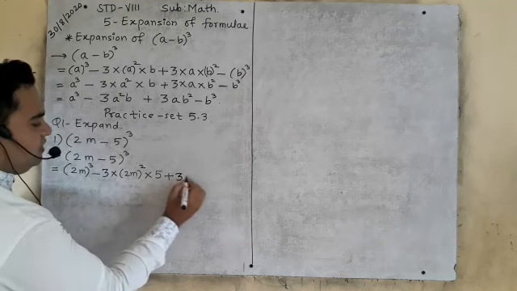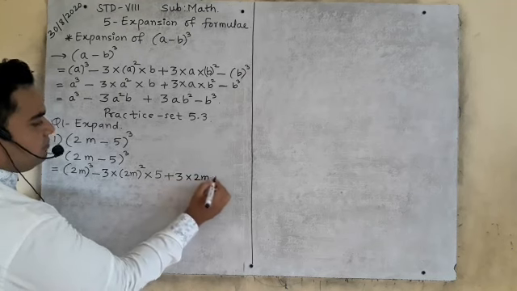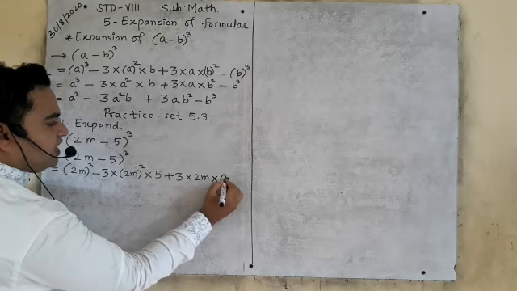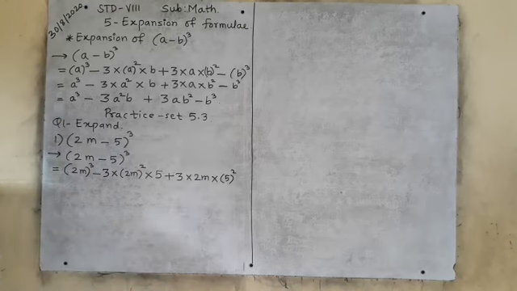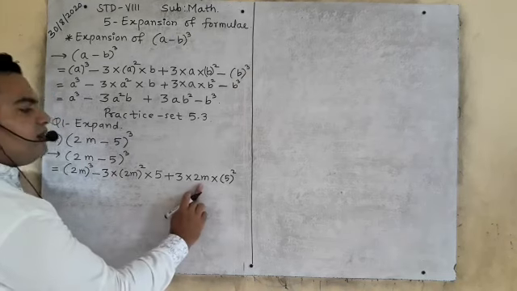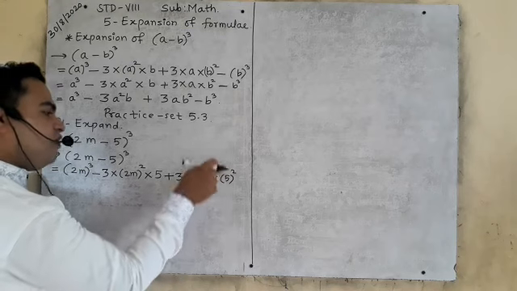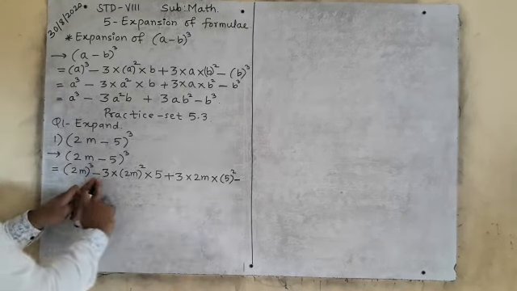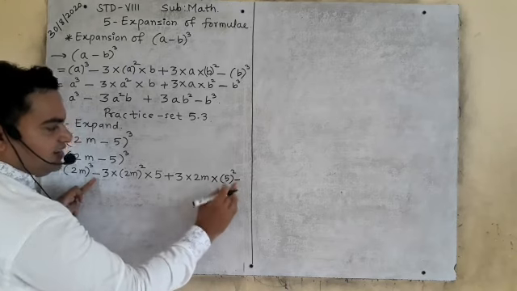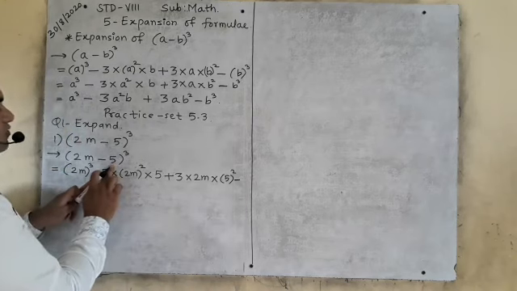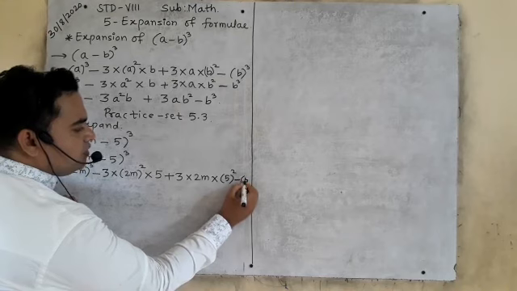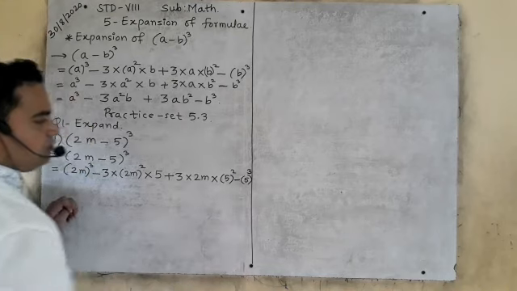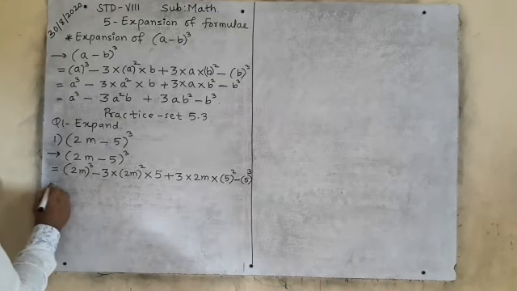See, 3 multiplied by 2m multiplied by, now here second term will be carrying square. 3 multiplied by first term multiplied by square of second term. Then last minus. In the beginning it will be minus and at the end it will be minus. Second term is what? 5 cube. Okay. Now you will solve this.